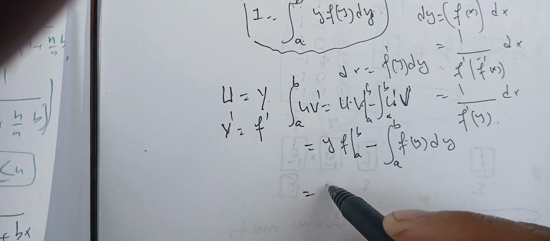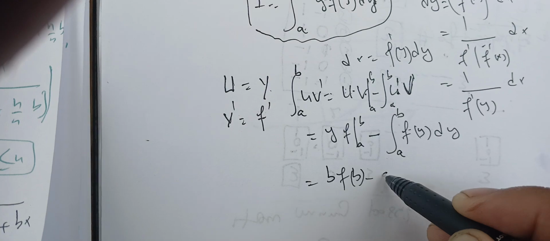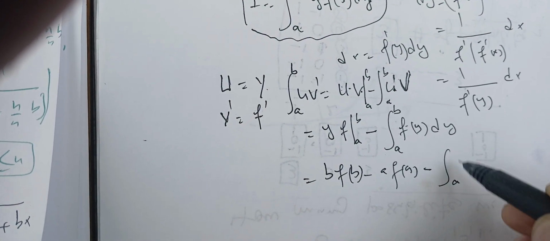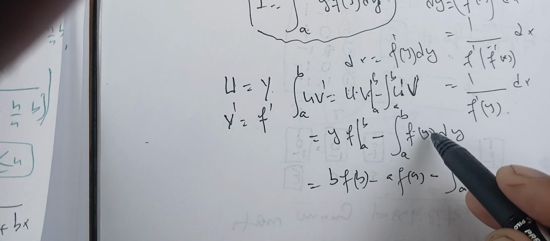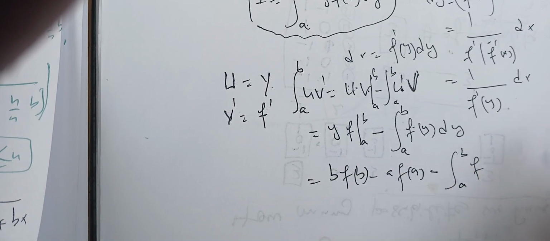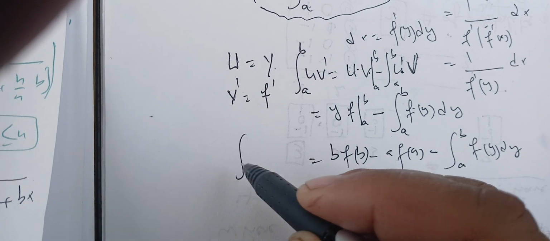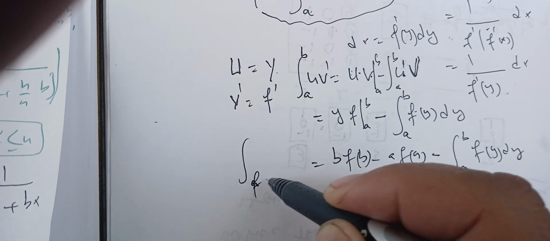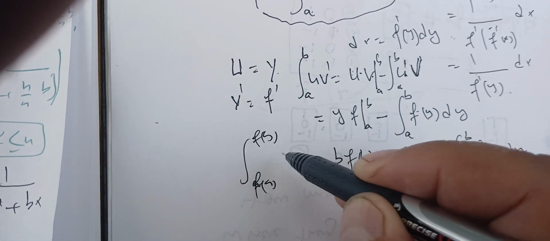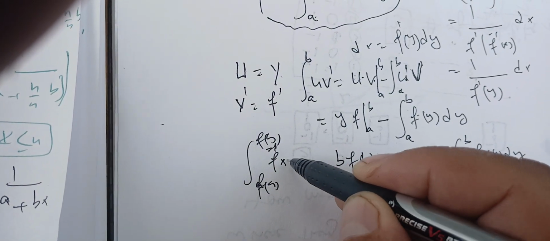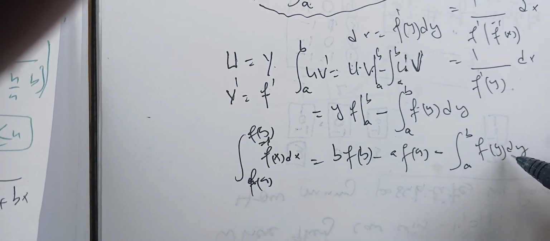We're going to get b f(b) minus a f(a), minus the integral between a and b of f. Let me write it down and we come back to it. Therefore, the integral between f(a) and f(b) of f inverse of x dx is giving me this value.